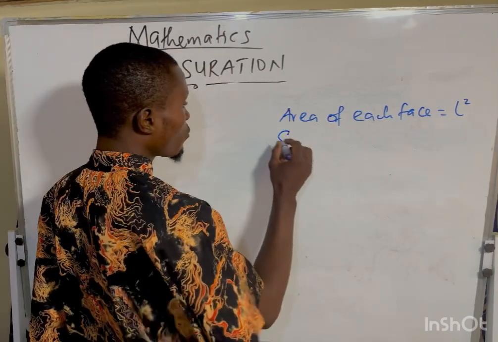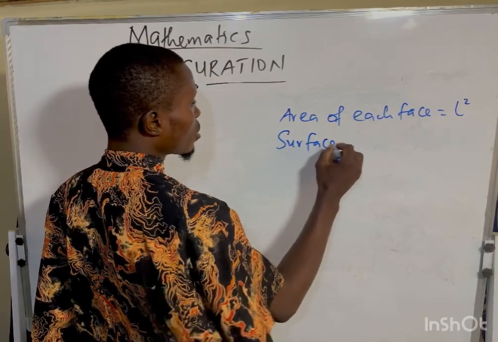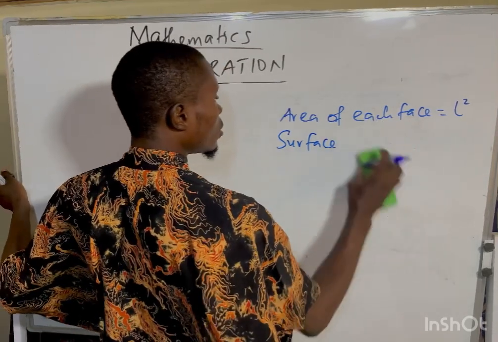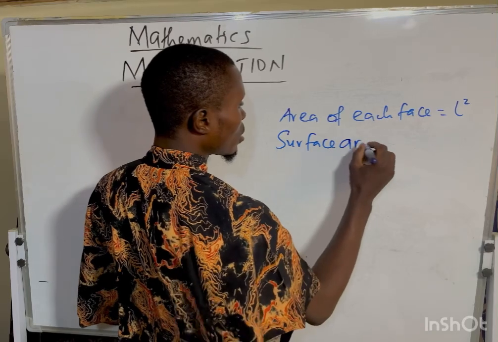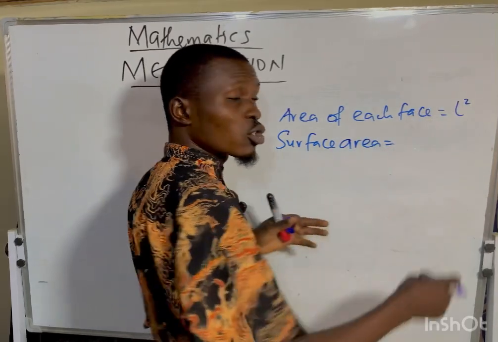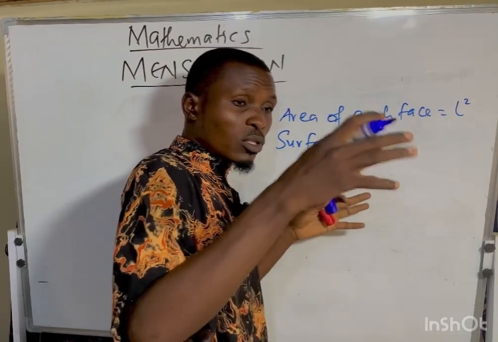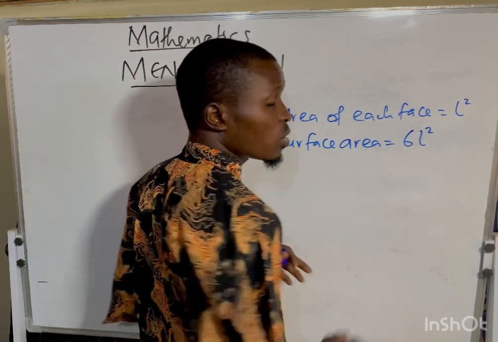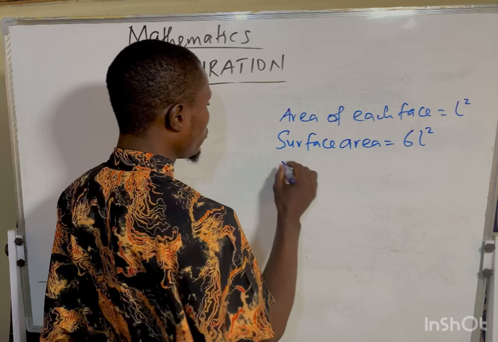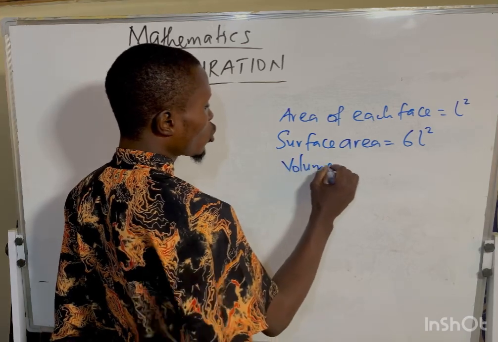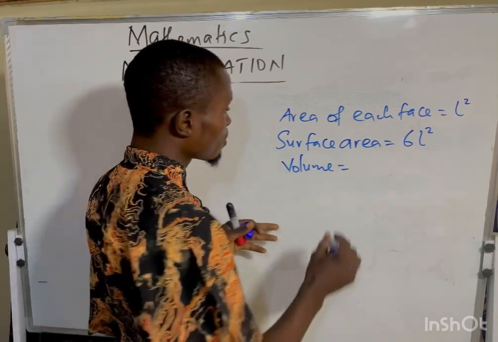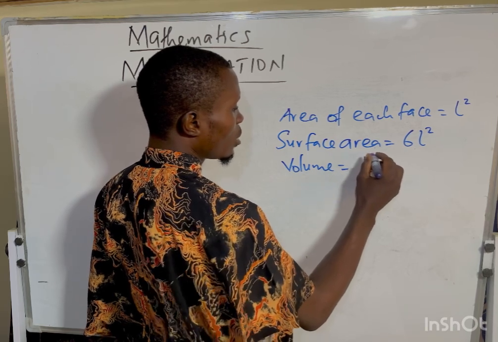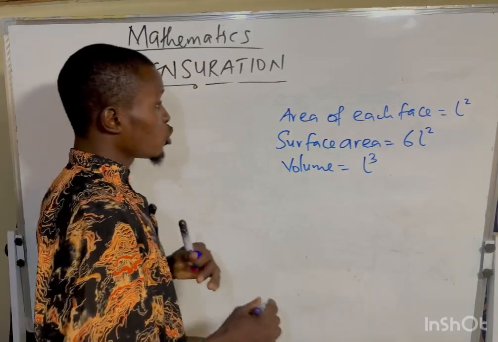The surface area is the sum of the areas of the 6 faces. That will give us 6 L square. And then the volume of a cube is L cube.